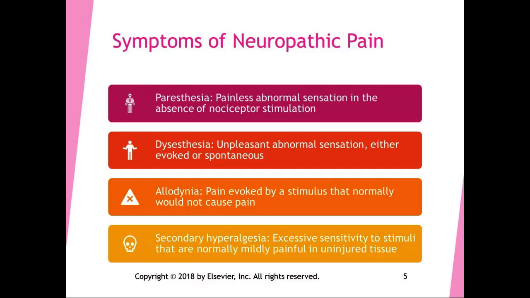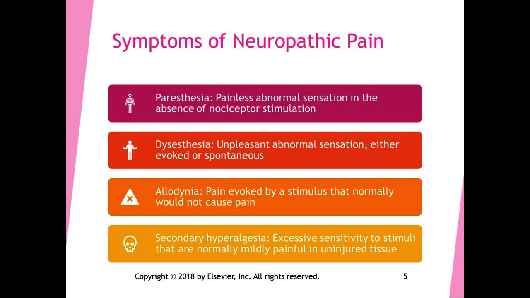So the symptoms of neuropathic pain are paresthesia. And the definition of paresthesia is painless abnormal sensation in the absence of nociceptor stimulation. So there's nothing going on with the nociceptors, but we have abnormal sensation in the limb. A lot of times this is described as numbness, sometimes tingling, sometimes heaviness, or it just doesn't feel right.